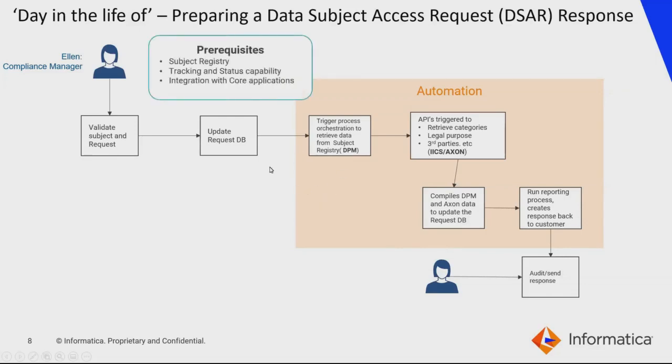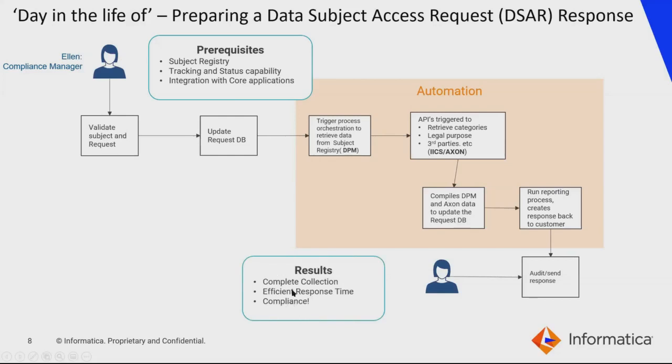Similarly to the other process, we have to have the subject registry predefined. We have to have the ability to track the status of this information as we go through it. And we have to have the integration back to the applications that actually hold the information. So to be able to dispatch these requests to a particular application, a sales database, to say, I'm collecting the appropriate information for this subject.